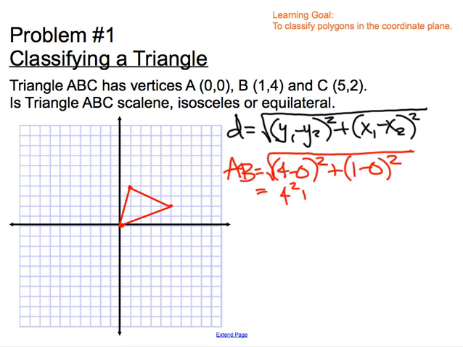So we have 4 squared plus 1 minus 0 is 1 squared. So we're taking the square root of 4 squared plus 1 squared. So we have the square root of 16 plus 1, which gives us the square root of 17.